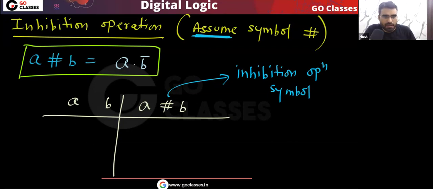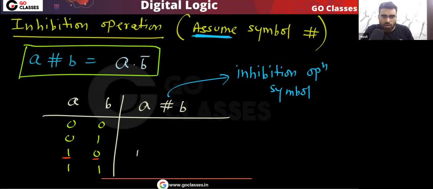Now the question is telling you the behavior. This will be 1 when the first input is 1 and the second input is 0. In this case, it will be 1.